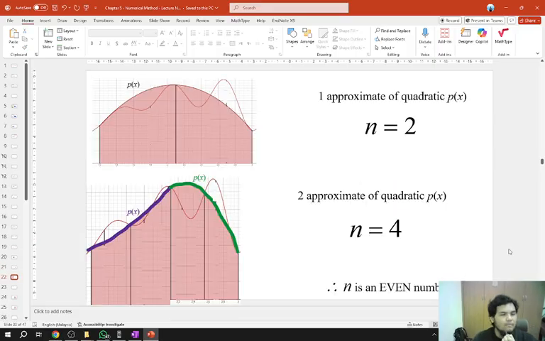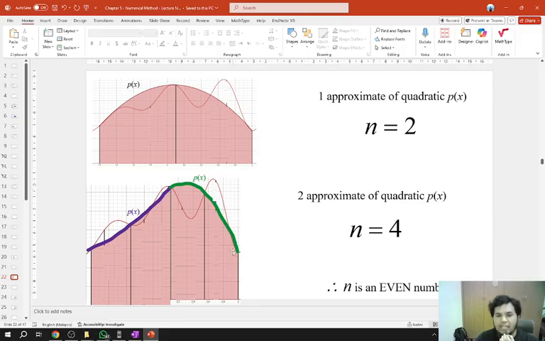Alright. So if I use one approximation, it means that I use one quadratic function, px. So we will have 2n, number 1 and number 2, so 2n. If I approximate again, we approximate two quadratic curves. We have the purple px and the green px.